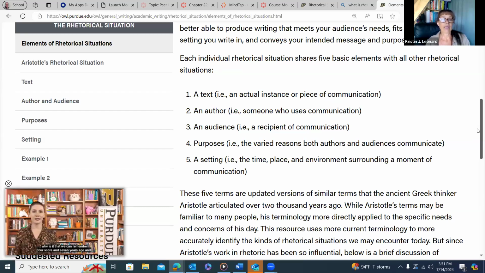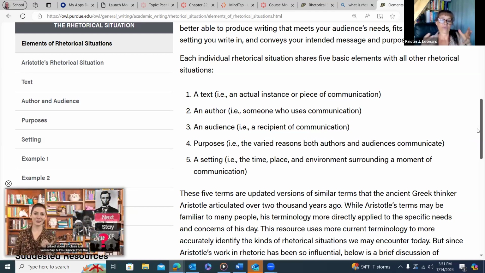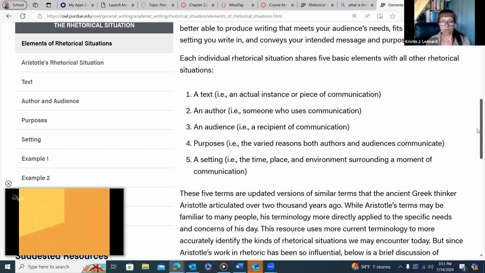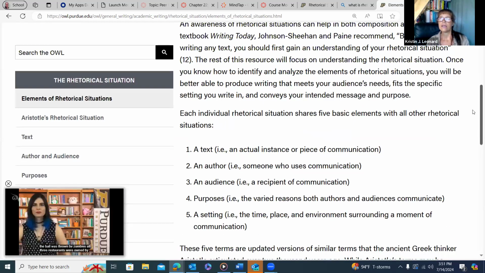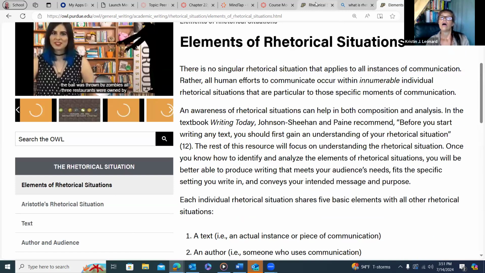It could also be that the setting is an essay. I am reading the essay and it must be turned in at this time. And so that would also be relevant. All these things come into consideration as we move forward.